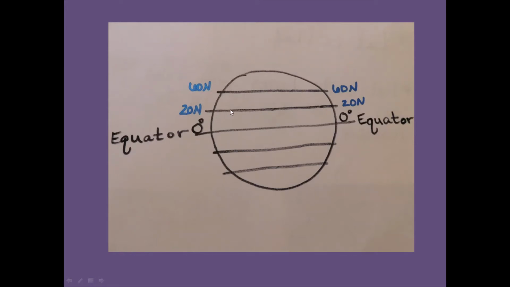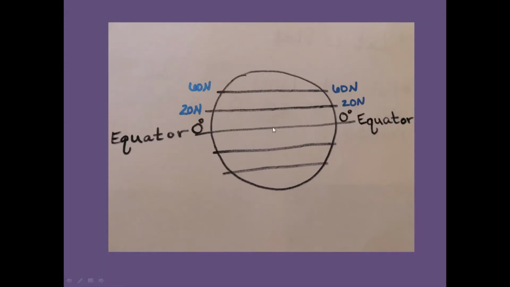That's because same line, same name. If you find that you're giving one name to a line here and a different name to the line over here, then you have things mixed up. So if this is 60 degrees north here for this latitude line, then it has to be 60 degrees north for this latitude line. If this is 0 degrees, then it's going to be 0 degrees here.